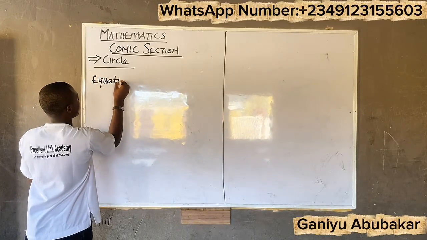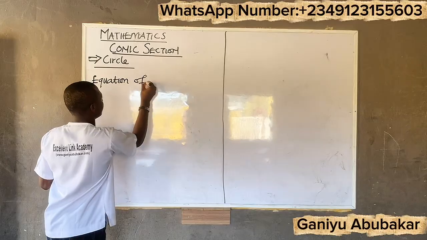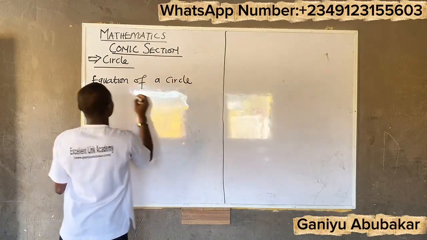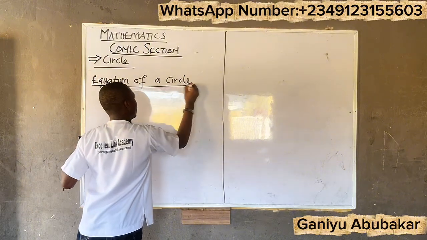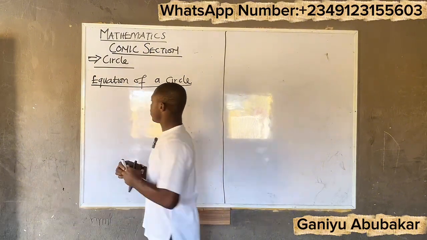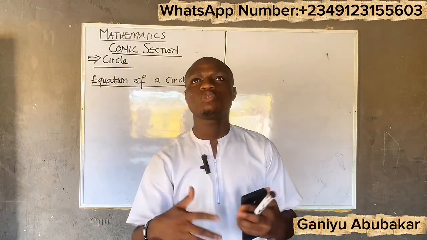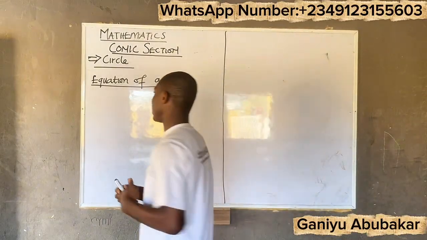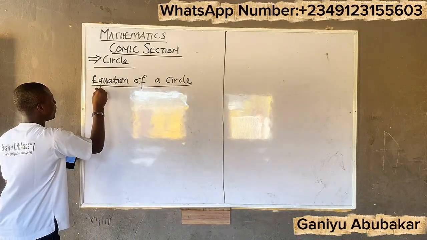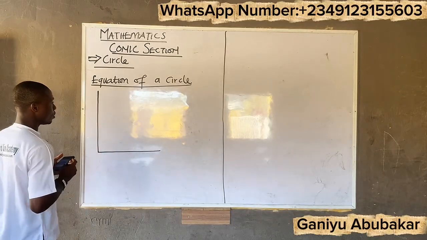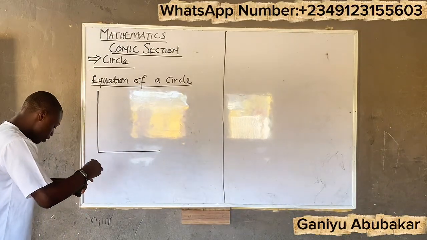Equation of a circle. Let's look at the equation of a circle at this point. I'll draw a diagram to explain what we mean. Let's say I have a graph this way, and my task is to get the equation of a circle.